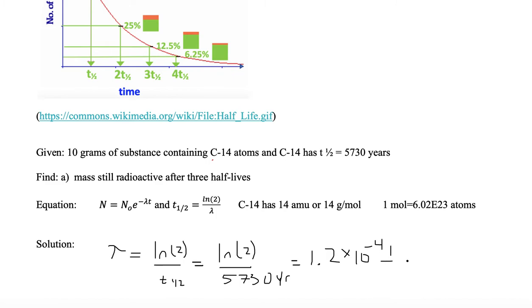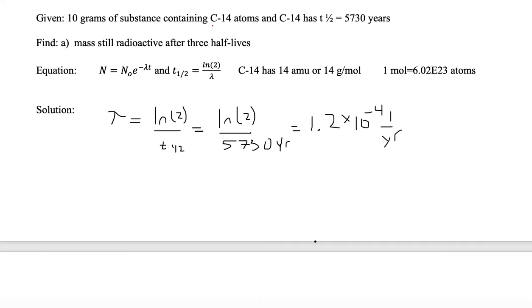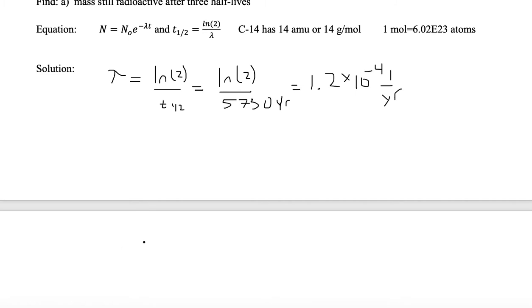Now that we know the decay constant, we can use our N is equal to N0 e to the minus lambda t equation to solve. Now we're not given N. We need to get N. So let's go ahead and erase it.